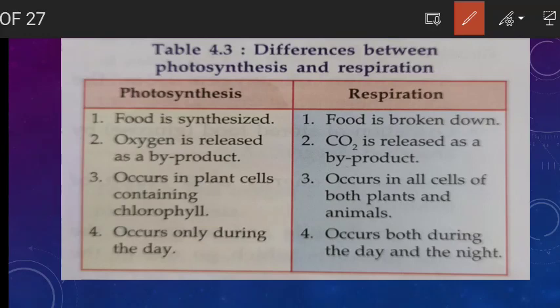The first difference is that in photosynthesis the food is synthesized, in respiration the food is broken down. In photosynthesis oxygen is released, in respiration carbon dioxide is released. Photosynthesis occurs in plant cells, while respiration occurs in all cells of both plants and animals.